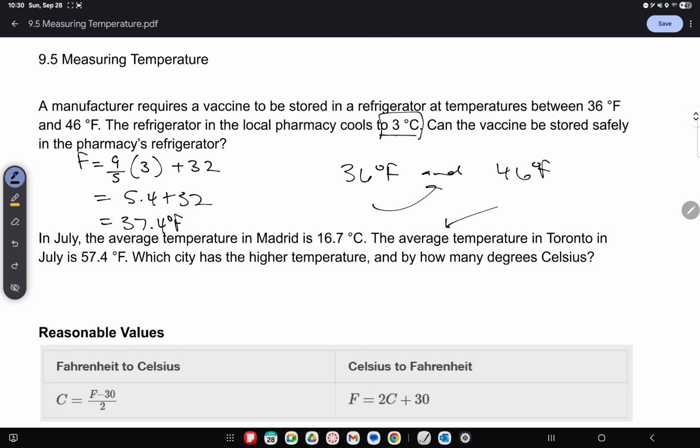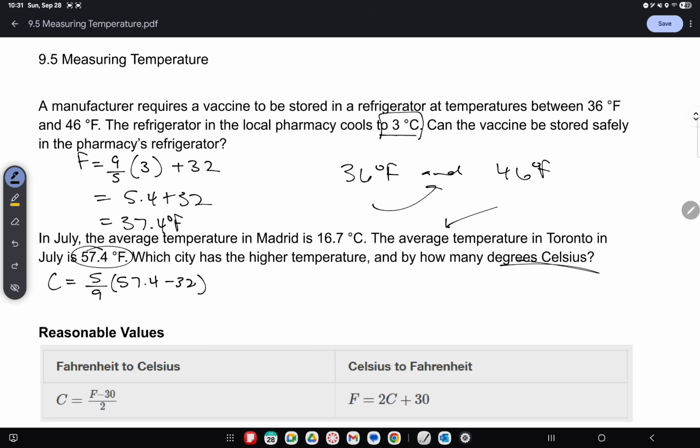In July, the temperature in Madrid is 16.7 degrees Celsius. The temperature in Toronto in July is 57.4 degrees Fahrenheit. Which city has the higher temperature and by how many degrees Celsius? So, since it wants the difference in Celsius, let's go ahead and convert this 57.4 into Celsius. So Celsius is 5/9 times (Fahrenheit minus 32).